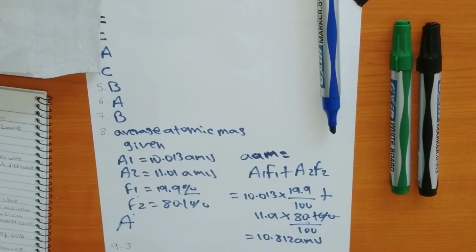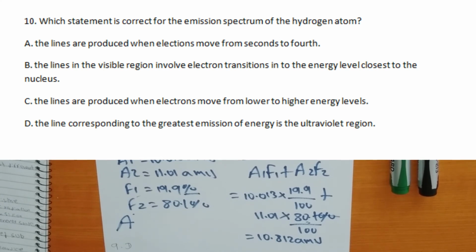Question number 10. Which statement is correct for the emission spectrum of hydrogen atom? A. The lines are produced when electrons move from second to the fourth. B. The lines in the invisible ranges involve electron transition into the energy level close to the nucleus. C. The lines are produced when the electrons move from low to higher energy levels.